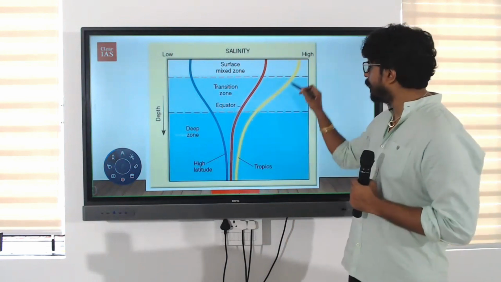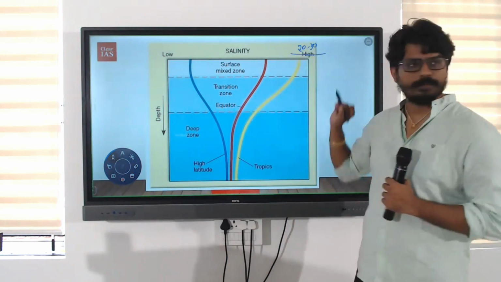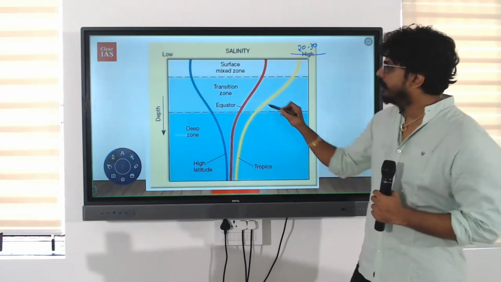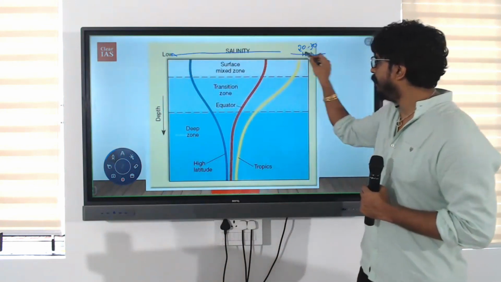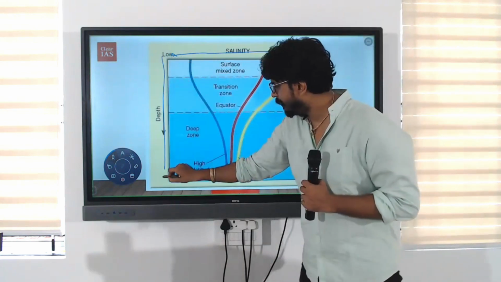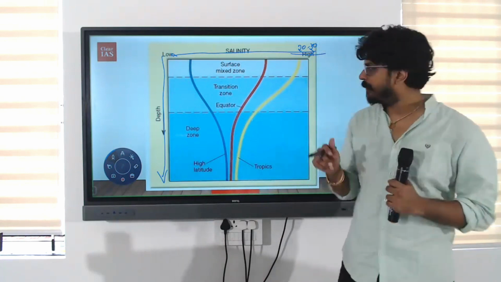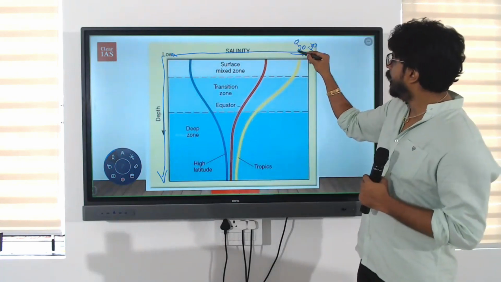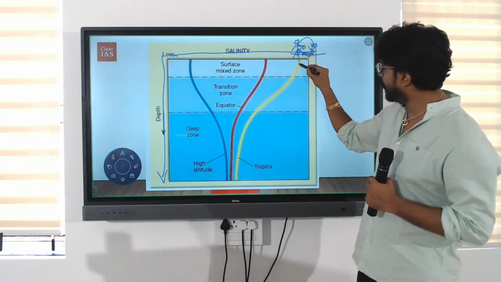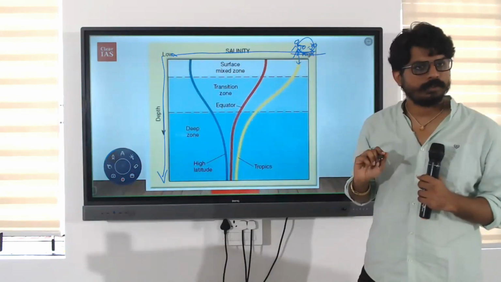Now let's first take tropical regions. Tropical regions means almost 20 to 30 degree latitudes. Now what is this graph showing? Here it is showing salinity, which is moving from low to high, and here it is showing depth. So first we are taking Disha and tying a stone on her back and putting her down around 20 to 30 degree latitude in the ocean.